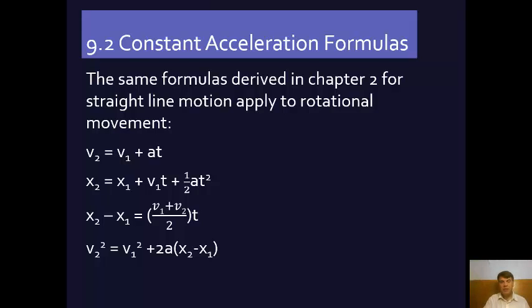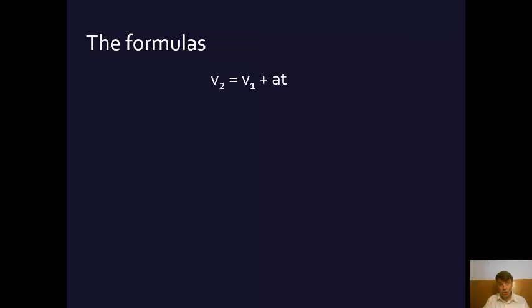Now what we're going to find is that the formulas for angular velocity and angular acceleration are going to be pretty much exactly the same. And again, if you want to see derivations, I'm sure your physics book is going to show you that. And so if you have a wheel or a propeller, or you have a pulley or any kind of a circle that is undergoing a constant acceleration, then you're going to be able to tell what the angular velocity is after a certain amount of time.